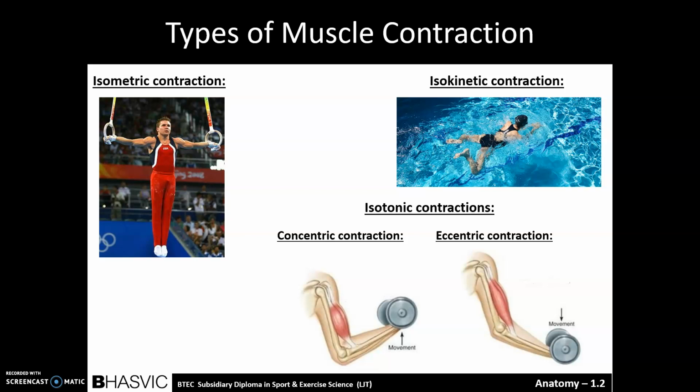In eccentric contraction, the length of the muscle is lengthening, so getting longer while still under strain. So this would happen in the downward phase of a bicep curl, as the biceps brachii is still under strain, as it's trying to lower the dumbbell with a slower speed than it wants to.